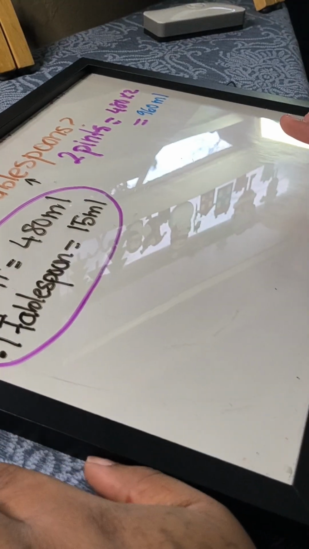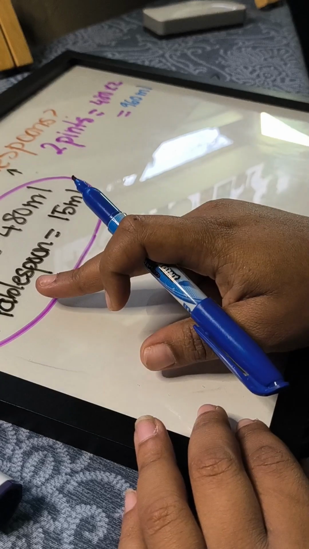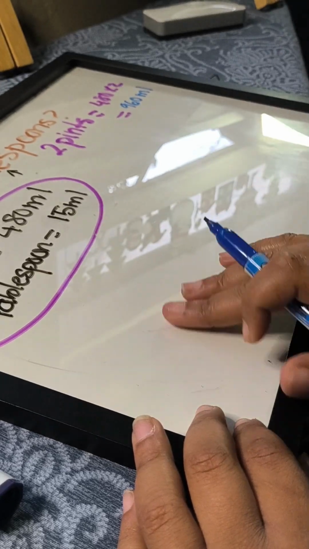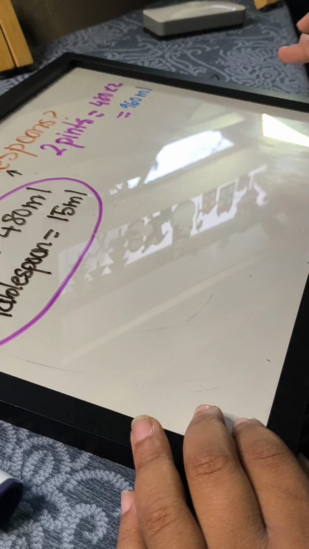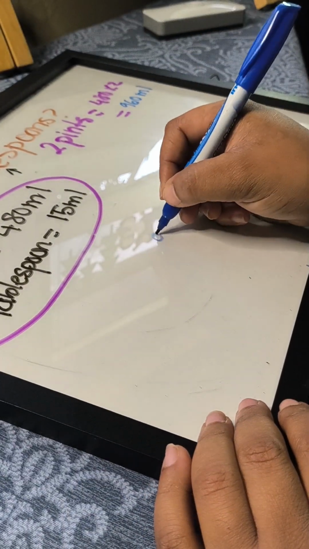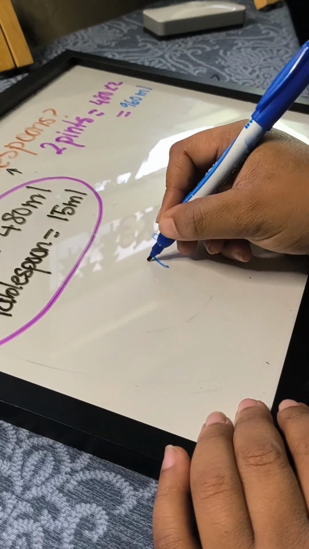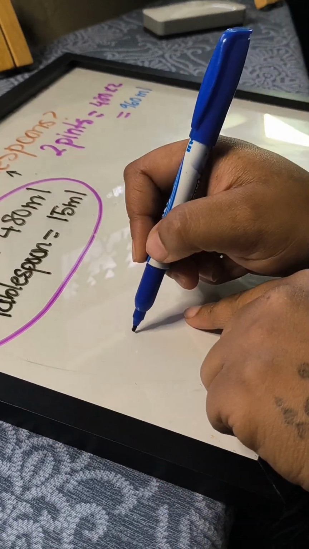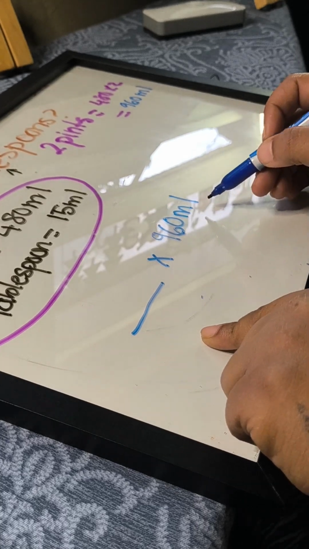I'm going to break it down into maybe 2 ways of doing it. Here's your conversion. 1 tablespoon equals 15 milliliters. I think this is called the dimensional analysis method. Let's do it. We want 960 milliliters to be here. Okay, then we'll multiply. So at the bottom, I need to have milliliters as well so that it can cross cancel with this.